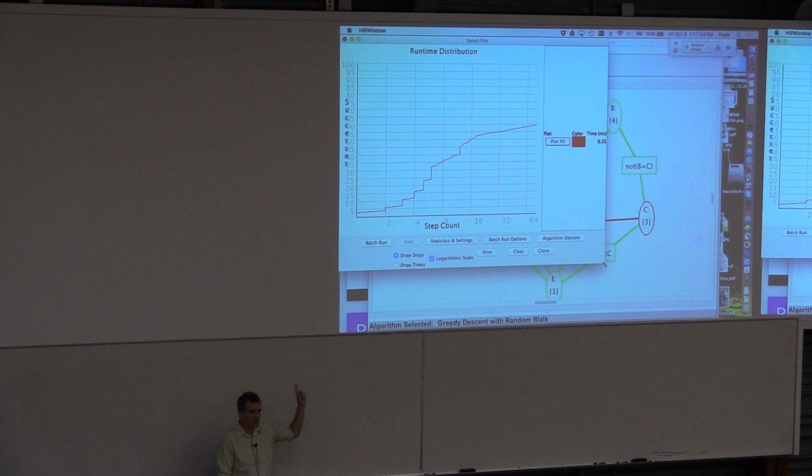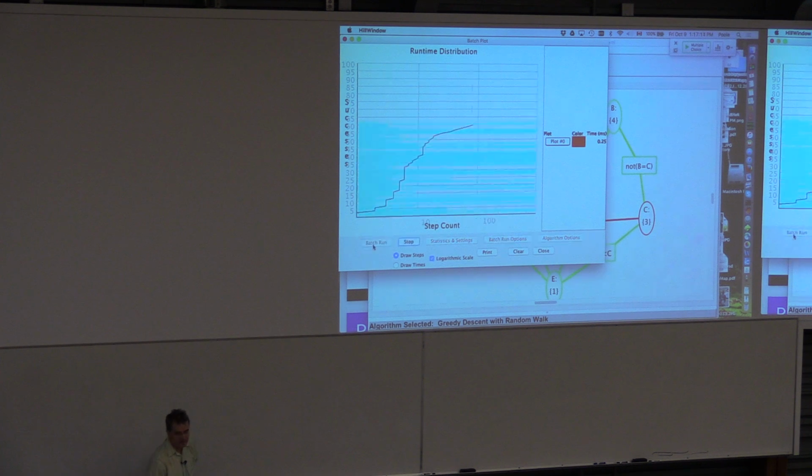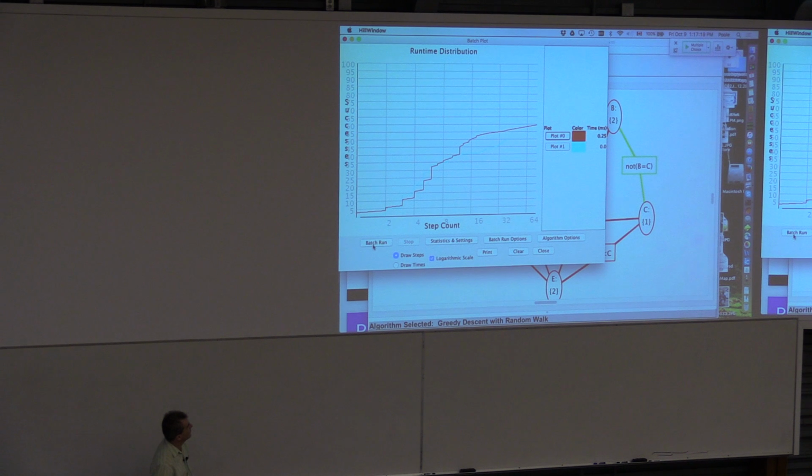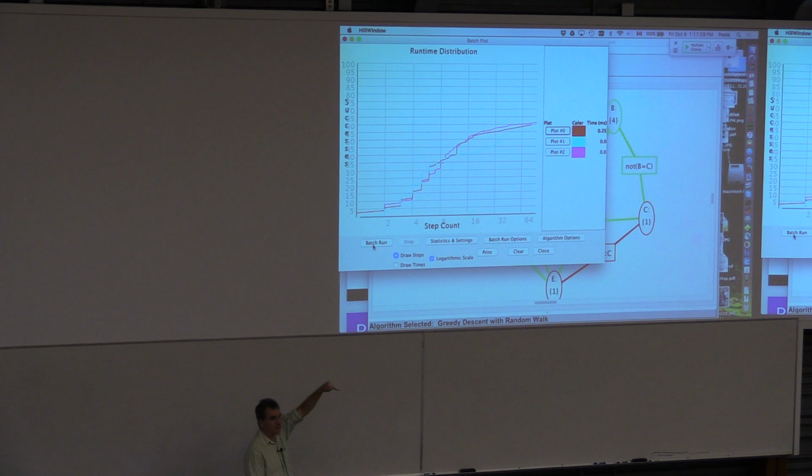Okay, is that clear what's showing there? On the x-axis is just how many steps, and the y-axis is how many problems we'd solved in that time. If I run it again, the same algorithm, it's going to run them all, then sort them. We'll find out that it looks pretty similar, and a lot of those ran over the right-hand side and didn't stop.